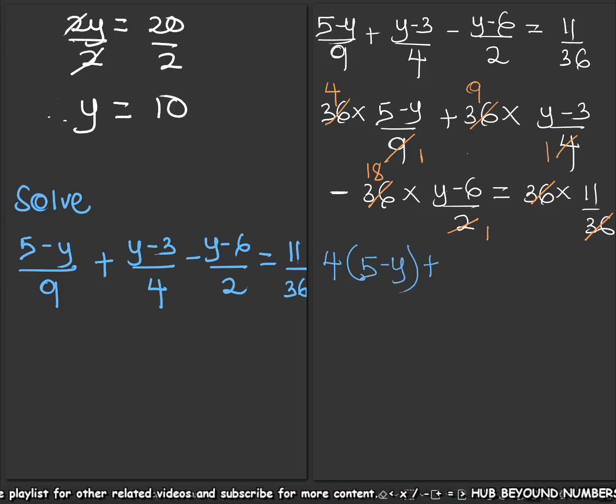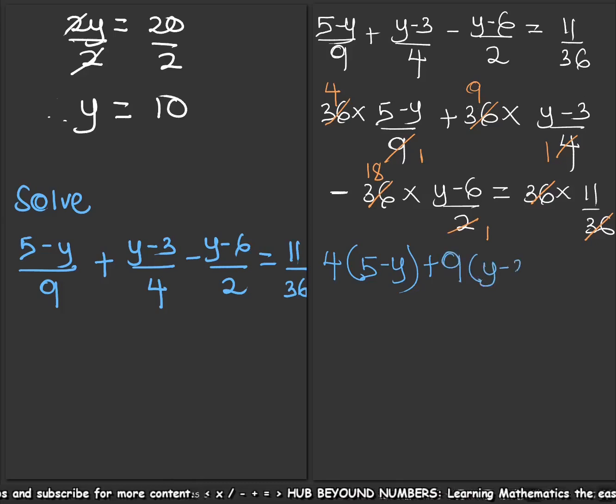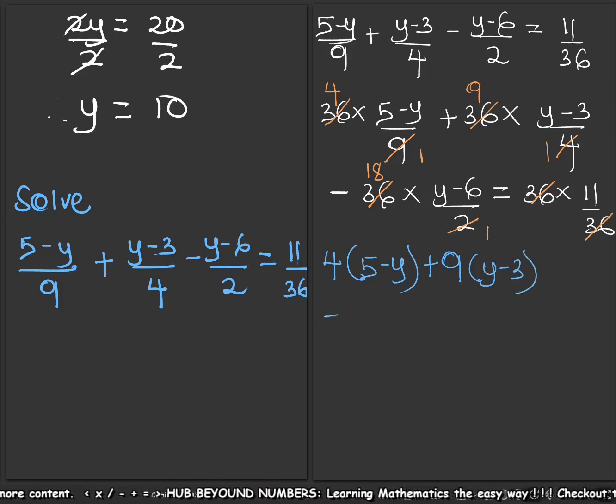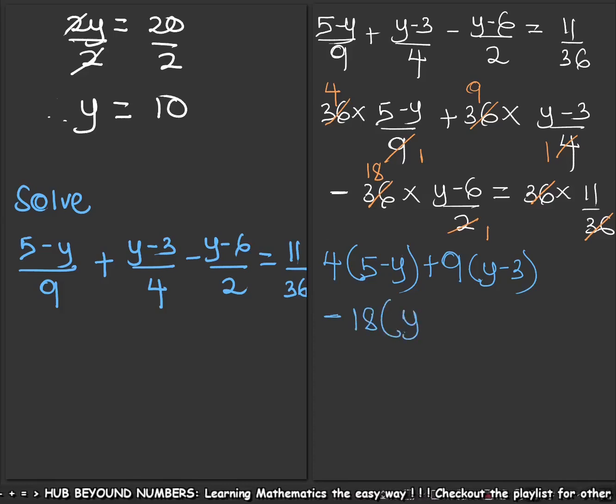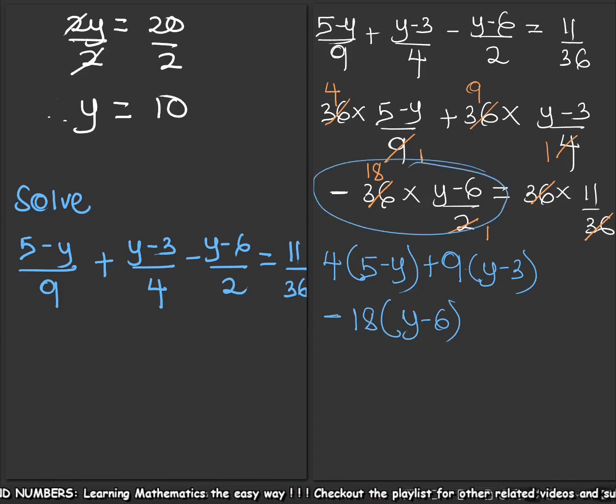Then plus, we now have our 9. So 9 into bracket this here, which is y minus 3. Then minus this minus over here, 18 into bracket our y minus 6. That is from this section.